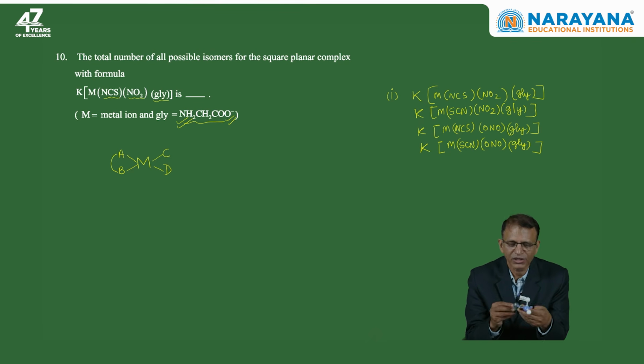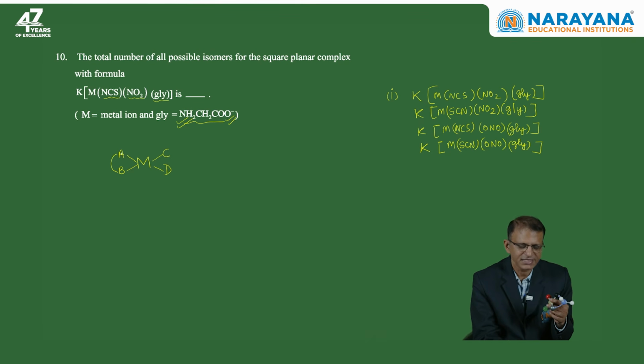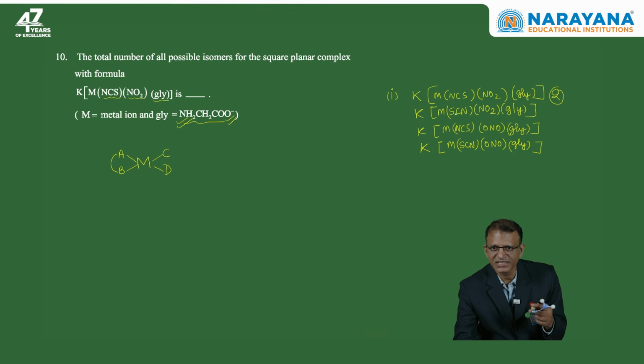And if I am talking about geometrical isomerism, since the bidentate ligands are the same, but the position of these ligands can be changed. So if we write the geometrical isomers, in the first case there are 2 geometrical isomers for this complex. In this case also the bidentate ligand will remain the same, but we can change the position of the monodentate ligand. So here also 2 geometrical isomers will be there.